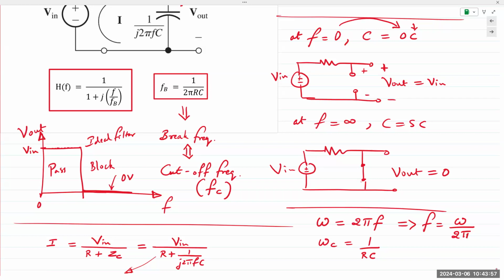So for a low pass filter, passing the low frequencies, all frequencies lower than fB will be allowed to pass through. All frequencies higher than fB will be blocked.